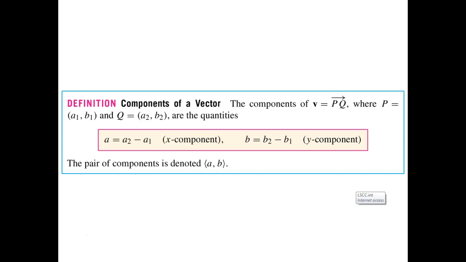So that same designation here would be the terminal point of the vector. Same order, but you put angle brackets and that makes it the vector. So when the initial point is the origin, your terminal point and your components are identically the same. It's just that the terminal point has parentheses around it and the vector has the angle brackets around it.